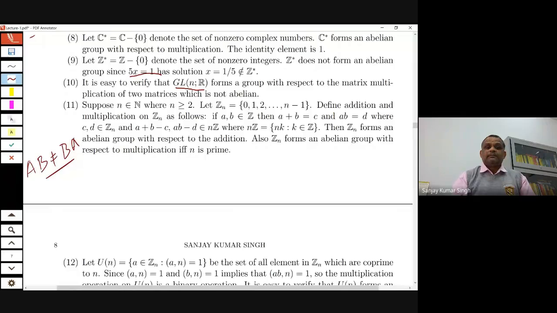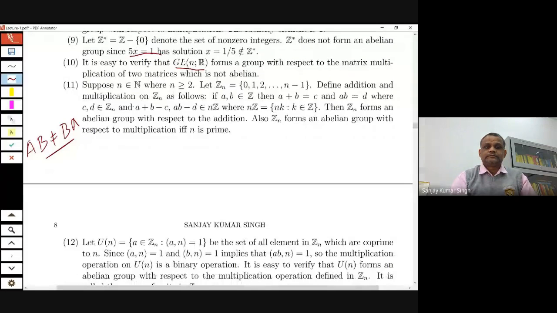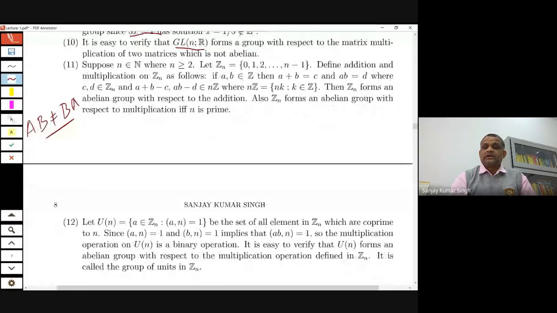Now some more examples. Z n, and I am defining what I mean by Z n. It is just the set of elements 0, 1, 2, up to n minus 1.